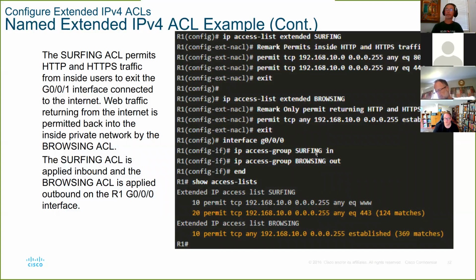I put the surfing on the inbound before I hit the router, and then all of this return traffic is on the same interface, but outbound coming back into the LAN. This is an example of two ACLs because we have one interface running in two different directions. So you can have two ACLs on one interface for each protocol you're running, IPv4, IPv6.